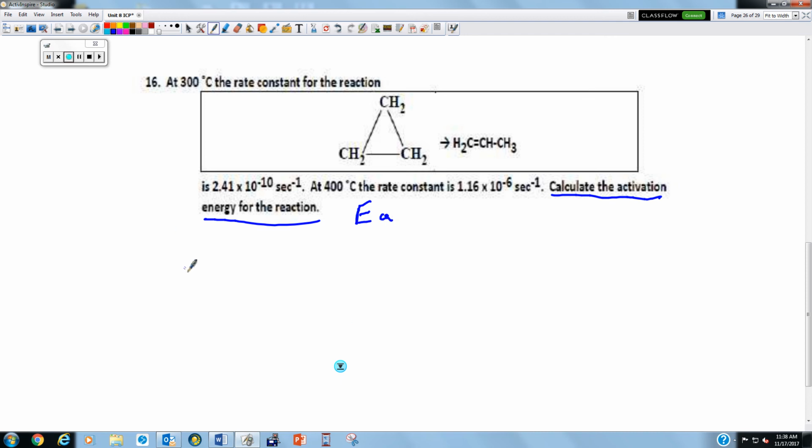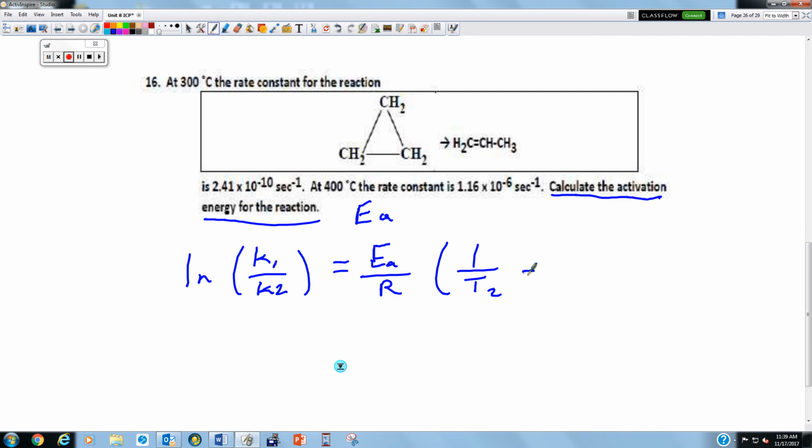So again, our equation is ln of K1 over K2 equals Ea over R times 1 over T2 minus 1 over T1.